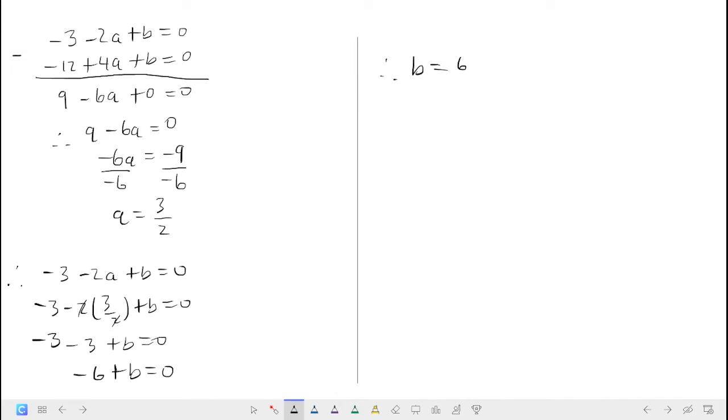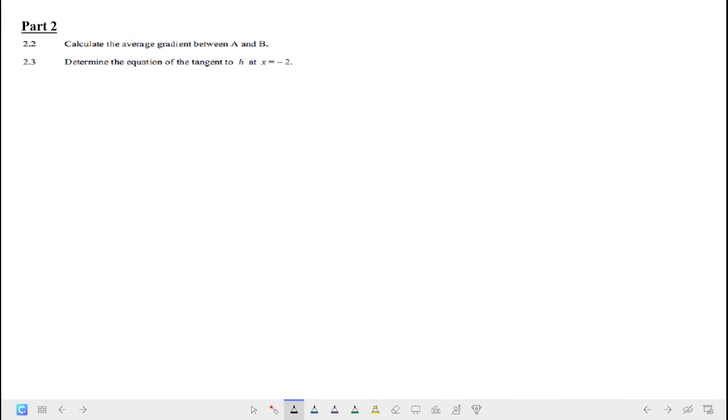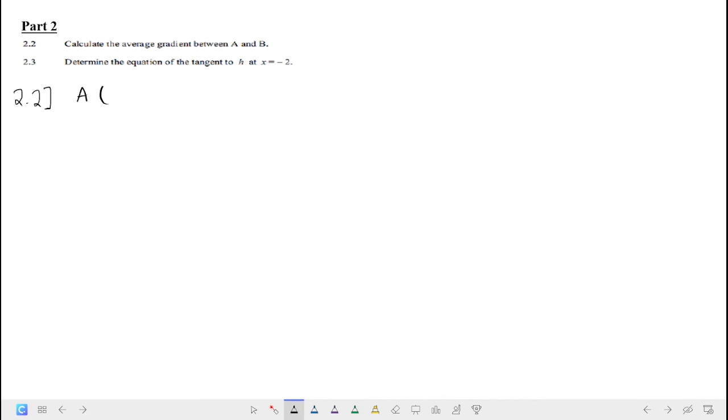So let's go ahead and look into the second question. Now the second question 2.2 says let's calculate the average gradient between a and b, right? Now it's an average gradient, so let's go ahead and look for the coordinates of a. Now a was minus 1 and 3.5, and b is 2 and 10.